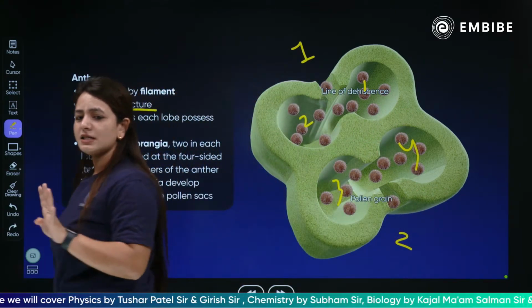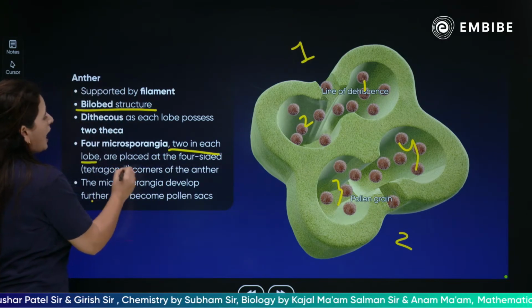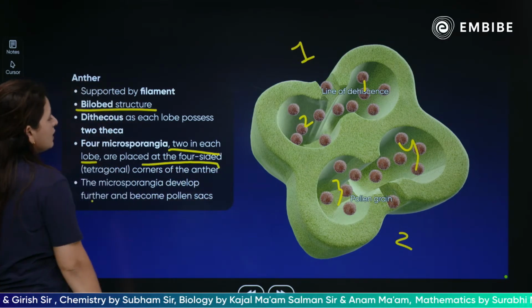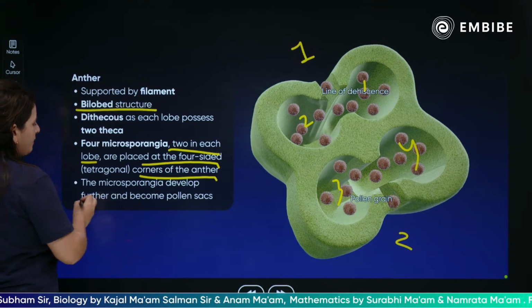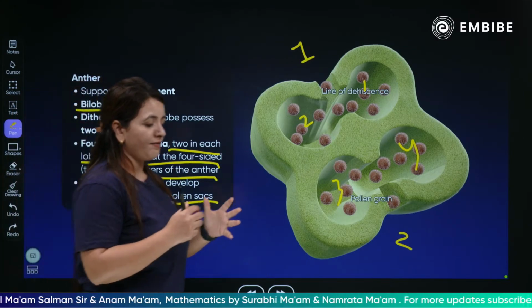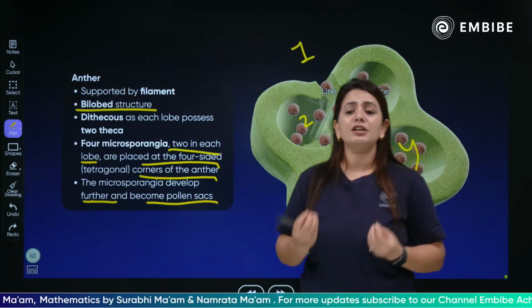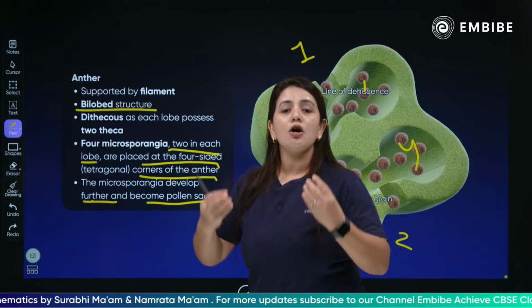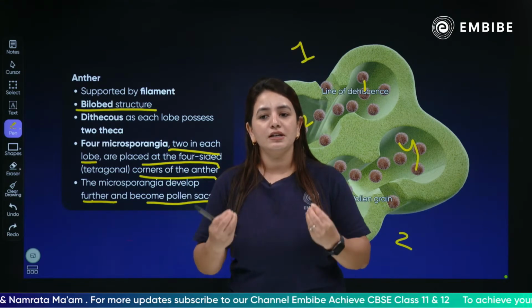And children, these microsporangia, which are 2 in each lobe, are placed at the 4 corners of the anther, and these microsporangia develop further and become pollen sacs. Of course, in the vegetative stage this further matures to form a pollen sac, because eventually what we need is pollen, we need microspores, we need the male gamete for fertilization.